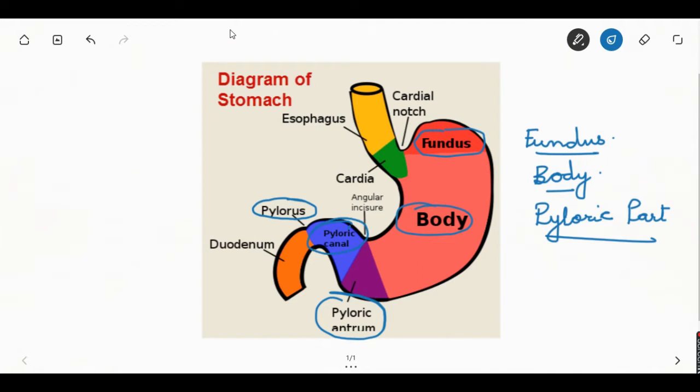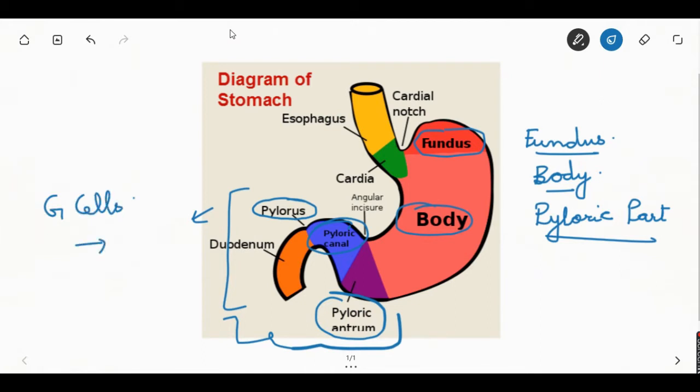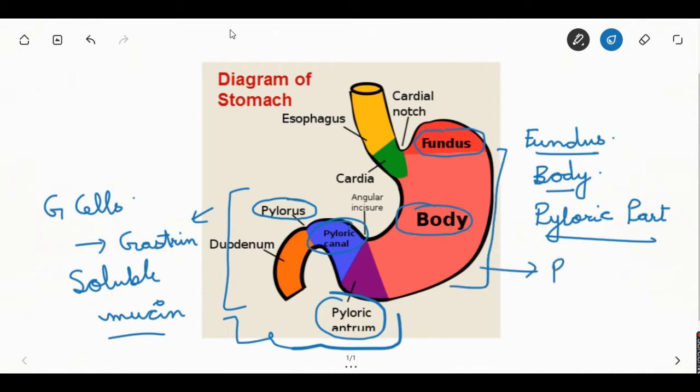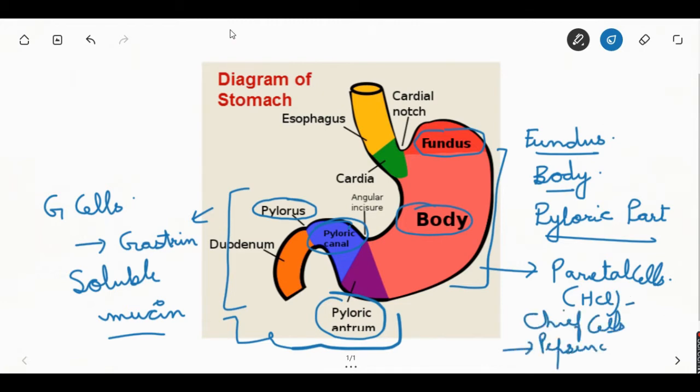Now from an exam point of view, you have to remember that the glands present in the pyloric part are the G cells that secrete gastrin and soluble mucin. Whereas the main gastric glands, present in the fundus and body, have parietal cells or oxyntic cells that secrete HCl, and chief cells that give pepsinogen.